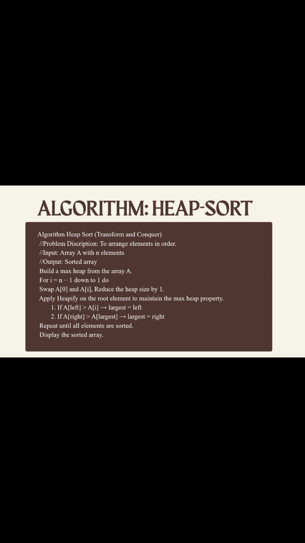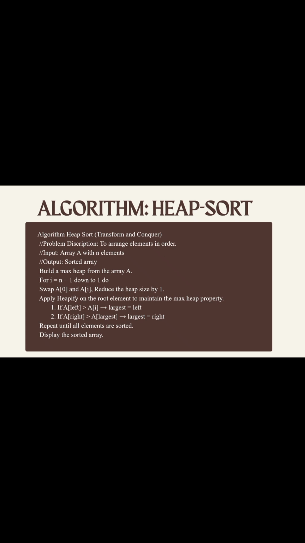Now let us see the algorithm of heap sort. The heap sort algorithm mainly consists of two stages: building the max heap and sorting the elements. Building the max heap: first convert the given array into a max heap. This ensures that the largest element is always at the root of the heap. Swap the root: next, swap the root element with the last element of the array.